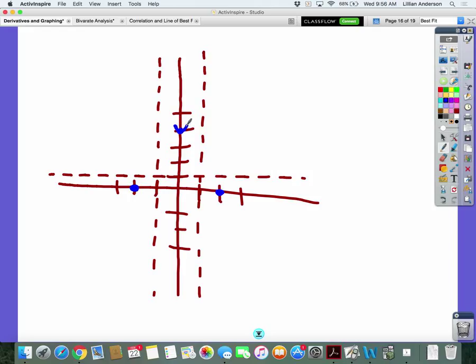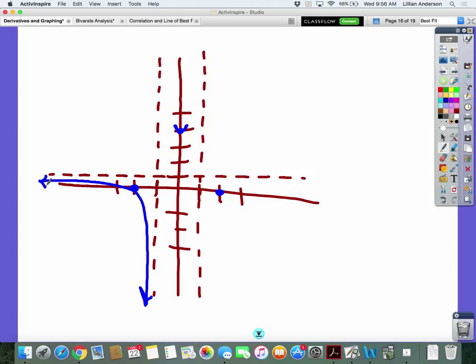minimum, okay? And we were decreasing from -infinity to -1. So we're decreasing, going down. And we were also concave down from -infinity to -1.